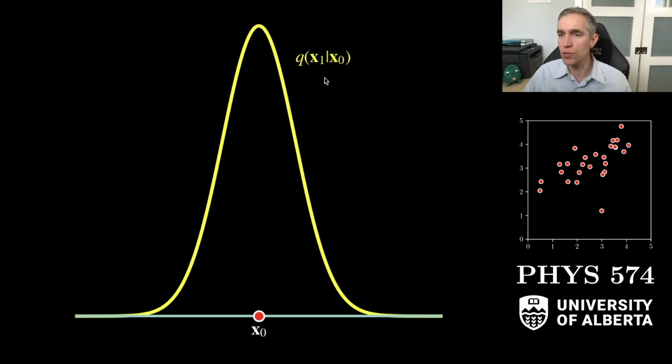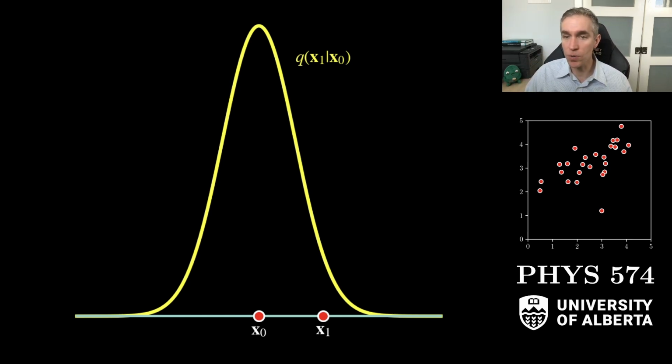We generate a random step somewhere within here, and then take that step from x0 to wherever it ends up. We choose a random deviate, and it ends up stepping over here. So x0 to x1.